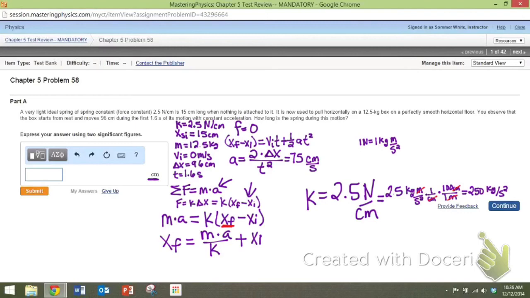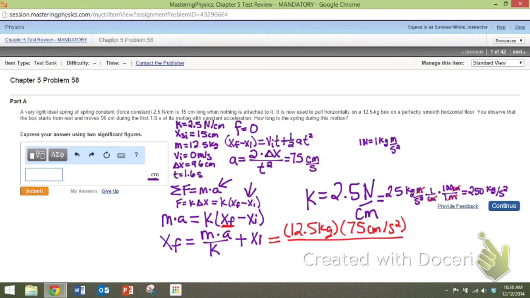All right, so now we get to go to the fun part of plugging all our numbers into the equation. Our xf is equal to m times a, our m being 12.5 kilograms, our a being 75 centimeters per second squared.